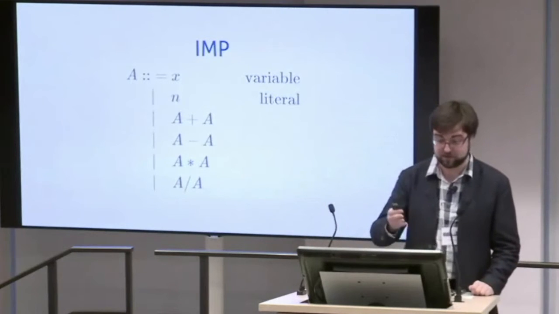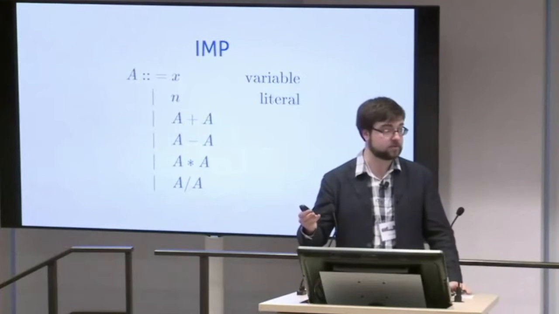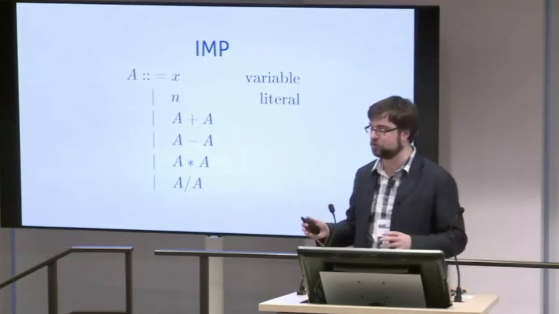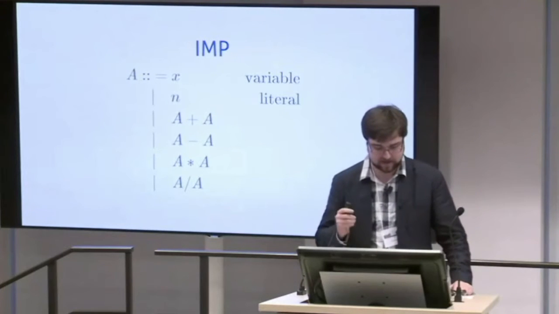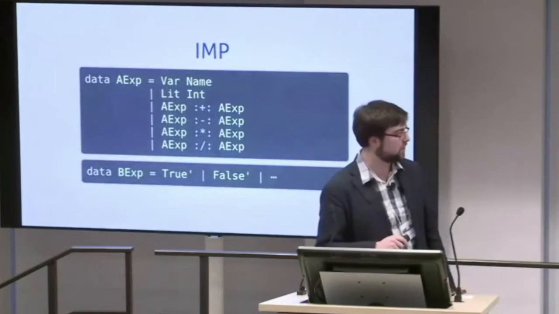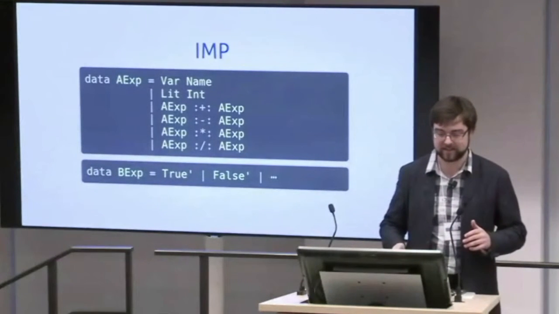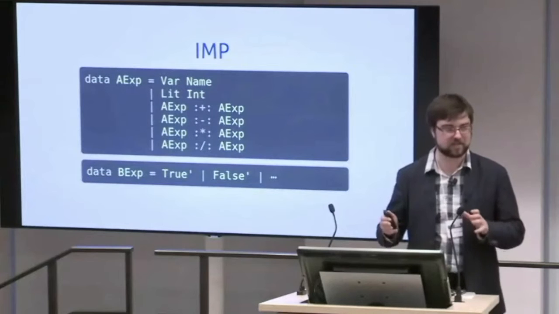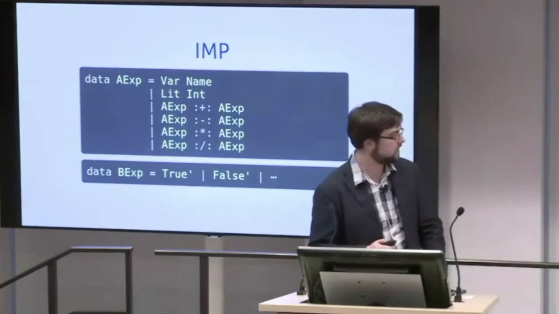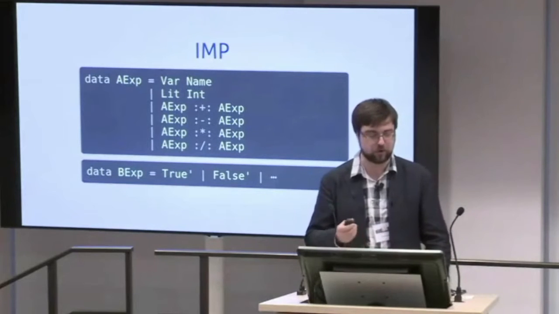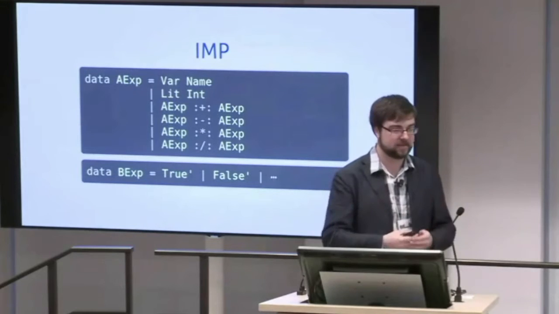So here we have the arithmetic expressions: variables, literal numbers, and all the usual arithmetic operators that you're used to. But the really nice thing with using a language like Haskell or OCaml or F# is that it is really straightforward to translate these abstract grammars into types. In fact, it's so straightforward, it's almost pointless to show the two, except to show that they're exactly the same.